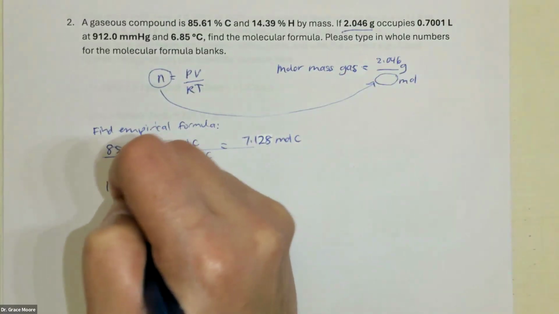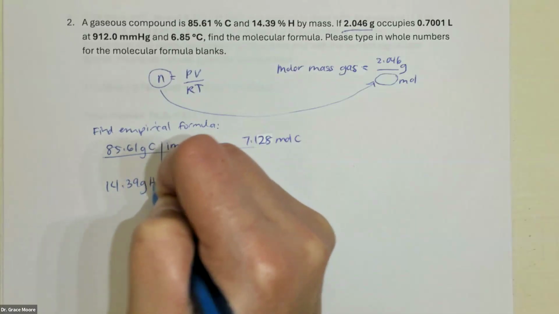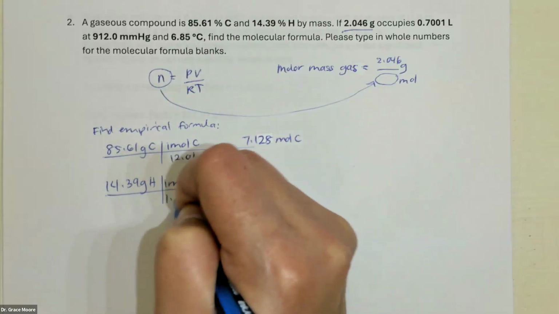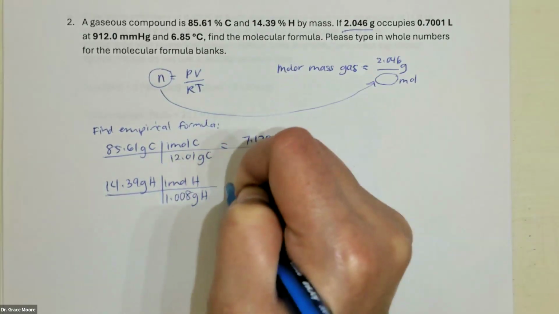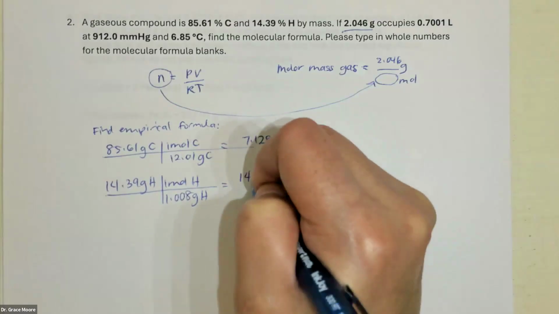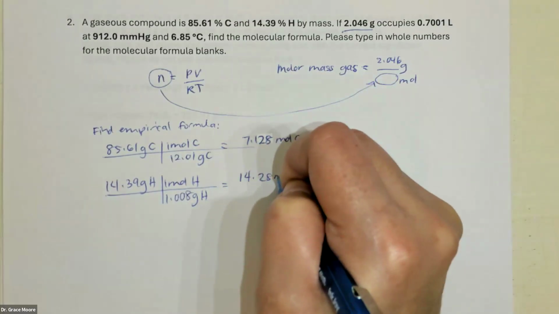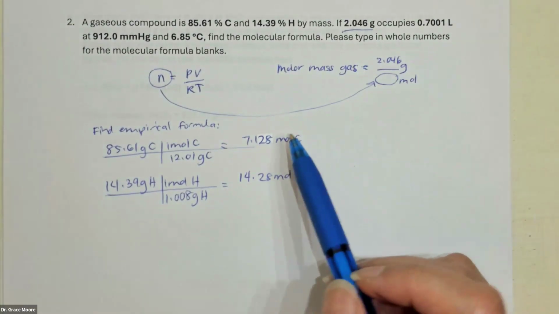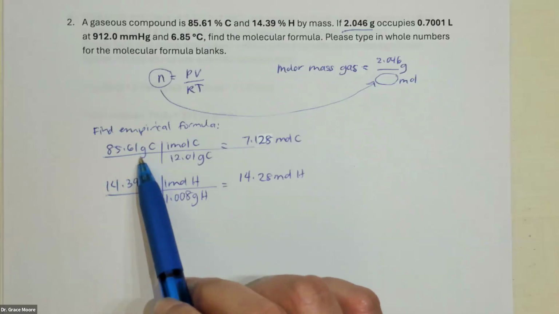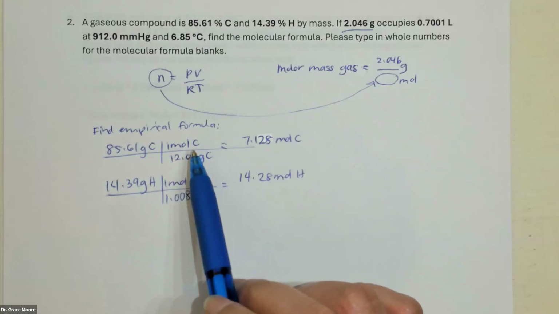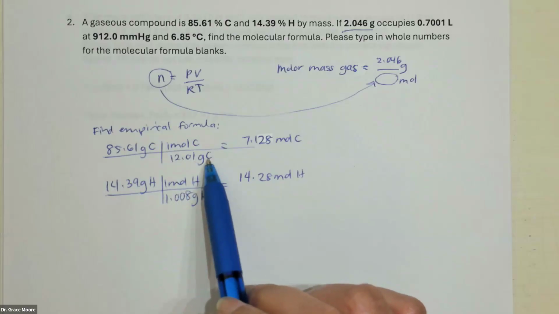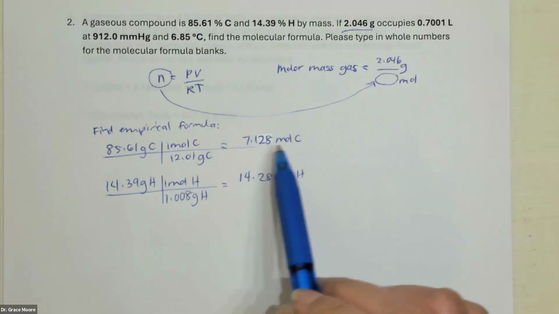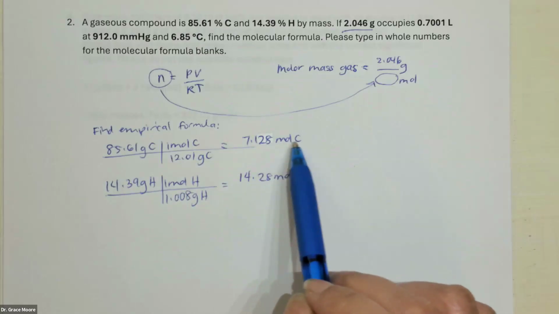So to get our ratios of the mole, you take 85.61 grams of carbon, and then 1 mole of carbon is 12.01 grams of carbon. So you take 85.61 divided by 12.01, you get 7.128 moles of carbon.